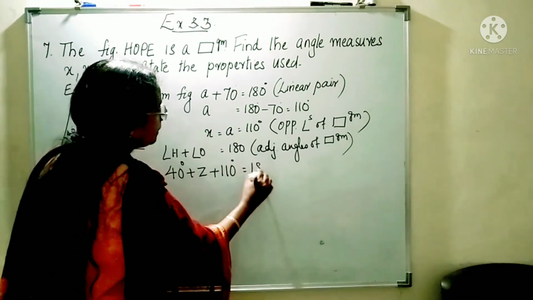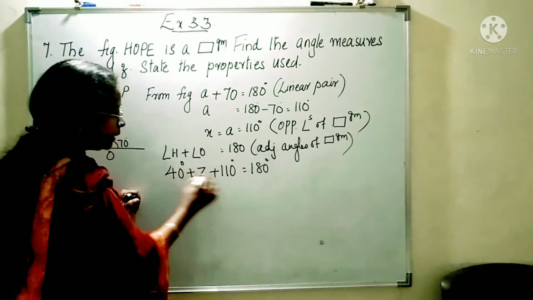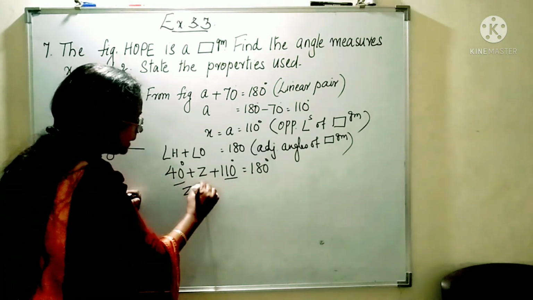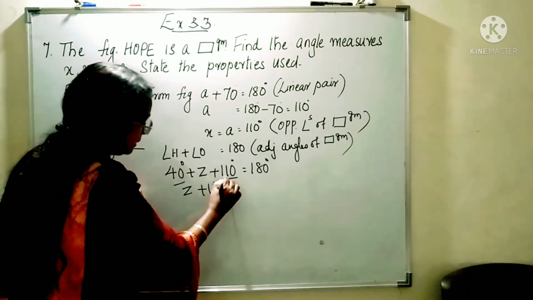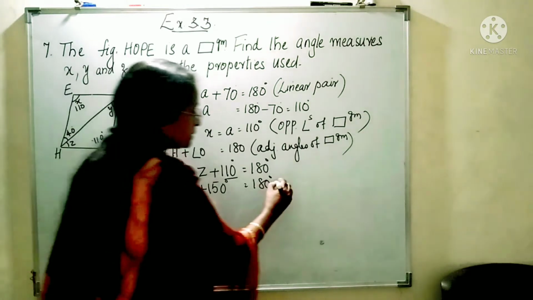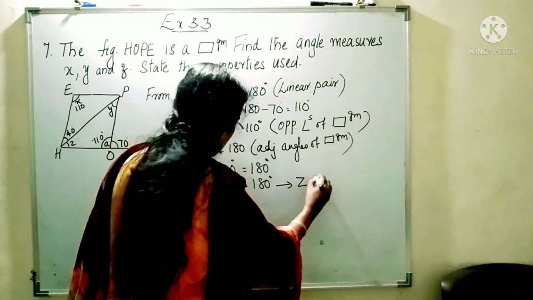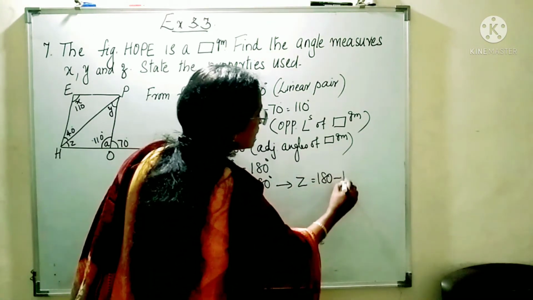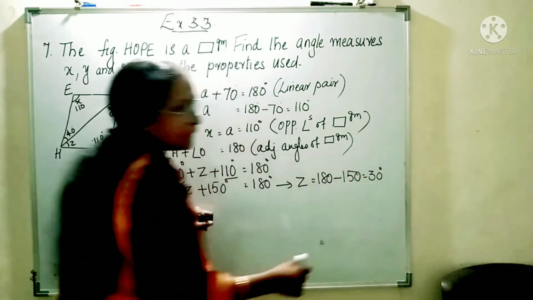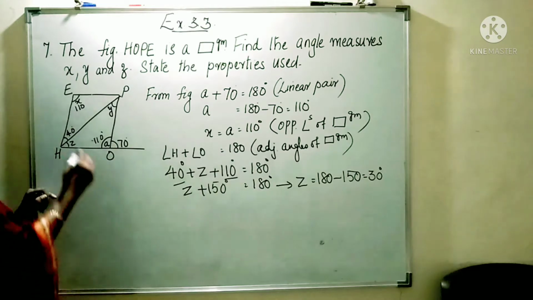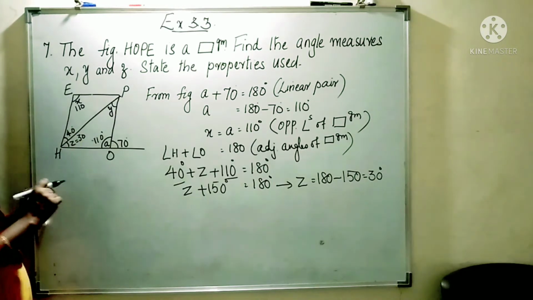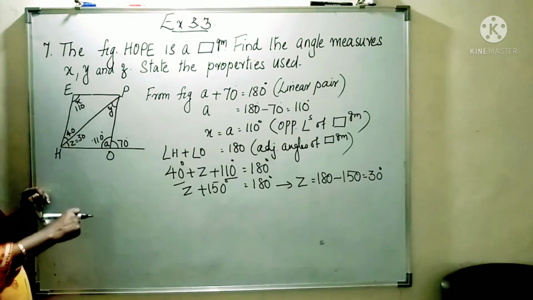Is equal to 180 degree. So, when you add these two, we get 150. So, Z plus 150 is equal to 180. From that, Z is equal to 180 minus 150, which is equal to 30 degree. So, we got Z is equal to 30 degree.